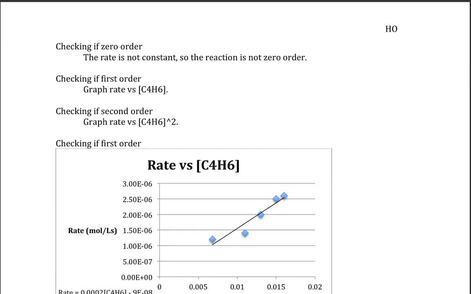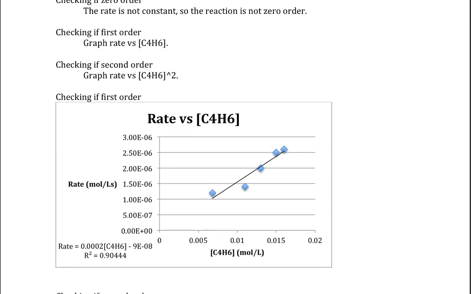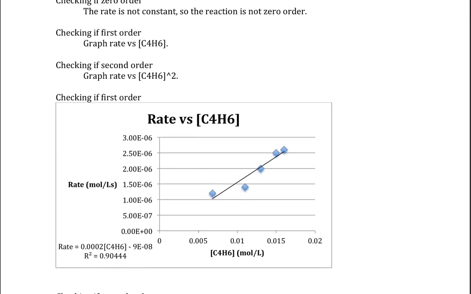Okay, so in order to determine if it's zero order, first or second, we know it's not zero order because the rate is not constant, it varies. So we will check if first order by making a graph of rate versus C4H6. We will check if second order by making a graph of rate versus C4H6 squared.